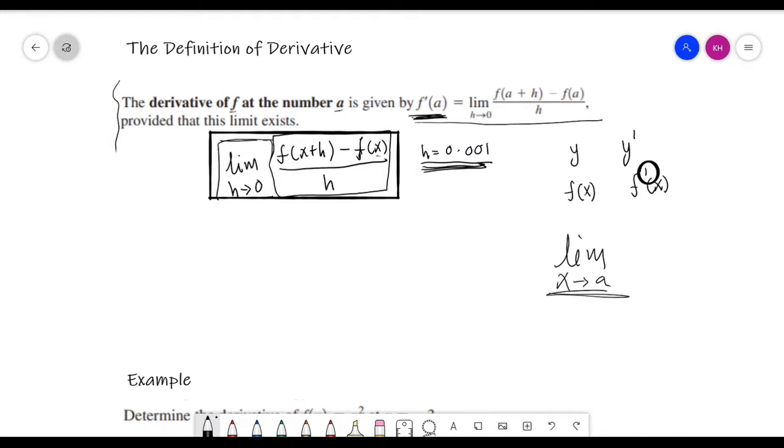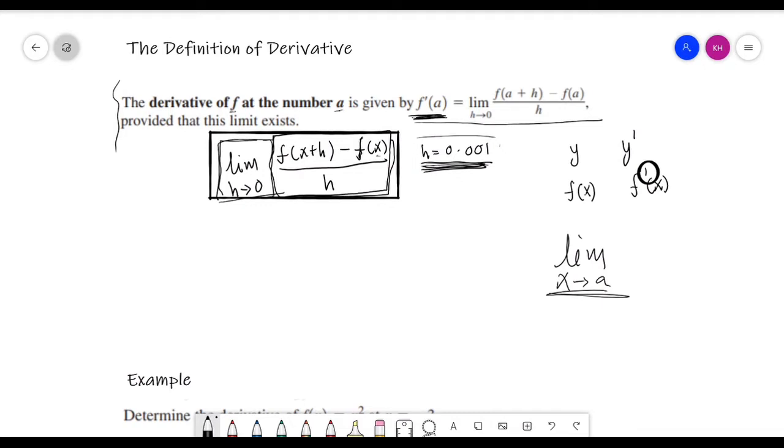So over here, the limit of h going to 0 basically means that the value of h is very close to 0, which in the last lesson was h equals 0.001. So that's what this formula is all about. And then we have this part, which is the same formula that we used to find the IROC.